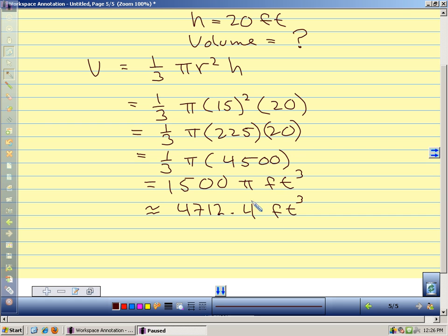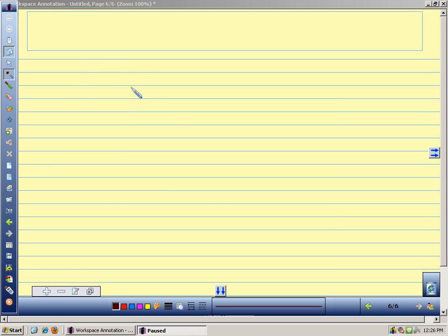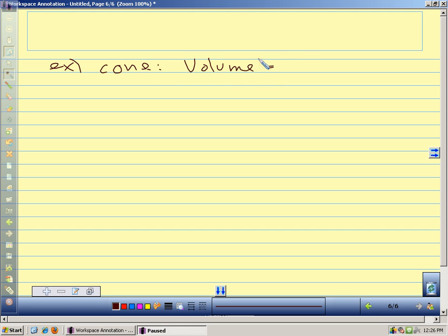Let's look at one problem where we kind of go backwards, where we solve for one of the other parts. So we have a cone. The volume equals 1,680 pi cubic centimeters, and our radius of the base is 12 centimeters. We want to find the height.